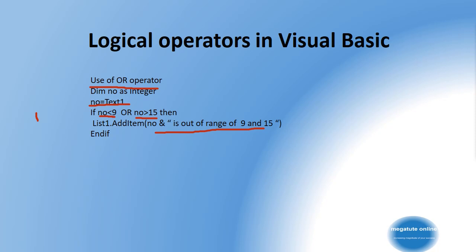As soon as the first condition is met, it will give you out of range. If the number happens to be, say, 20, it will go here. First it will check over here, number less than 9, no, 20 is not less than 9. Then it will go here, number more than 15, yes, 20 is more than 15. It will give the number is out of range. So here, once any of these conditions happens to be true, it will give the true result.